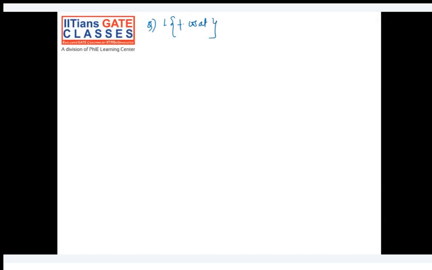Can you solve it? Not that difficult. Simple question. Spend some time on it and tell me the answer. Here, basically, it's a multiplication by t property you should be using. This is a hint to you.